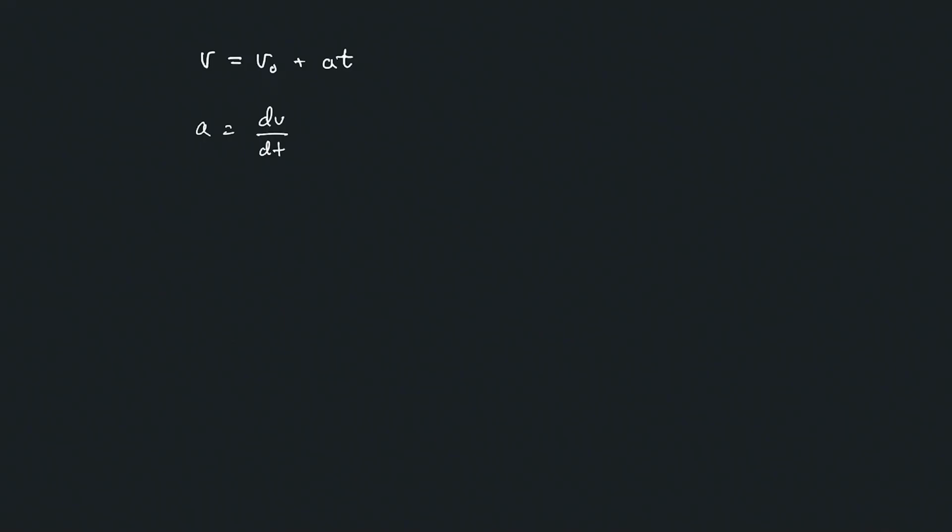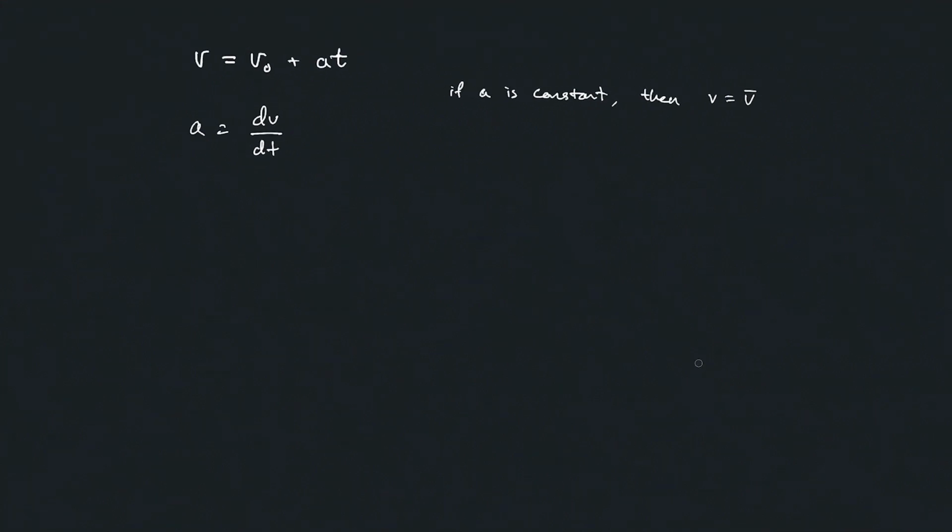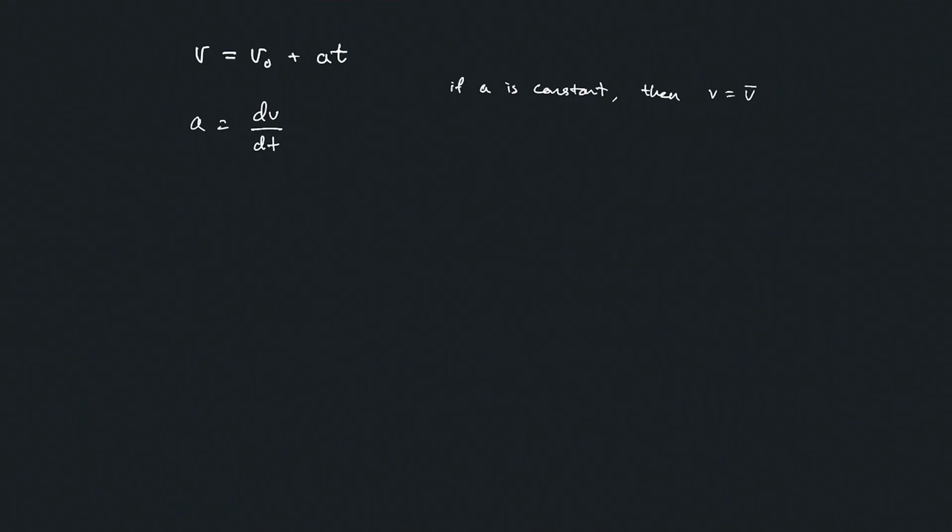However, if acceleration is constant, then instantaneous velocity is going to equal average velocity. Think about that for a second. When acceleration is constant, whether it's 0 meters per second squared or any other value, as long as it doesn't change, instantaneous velocity is going to equal average velocity.